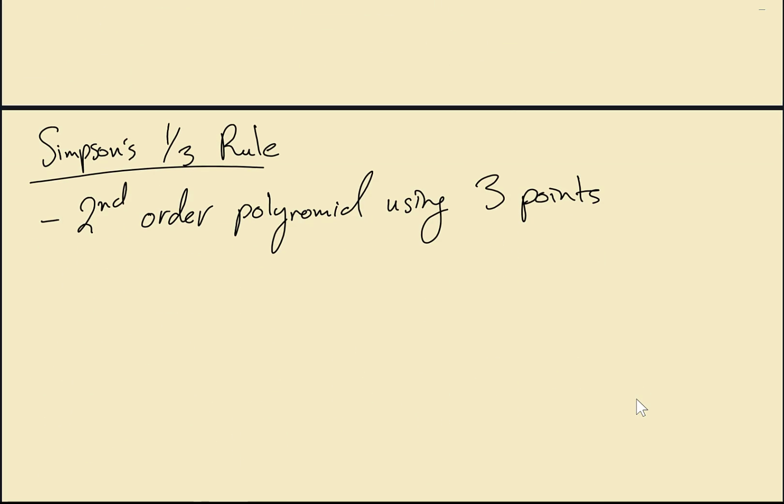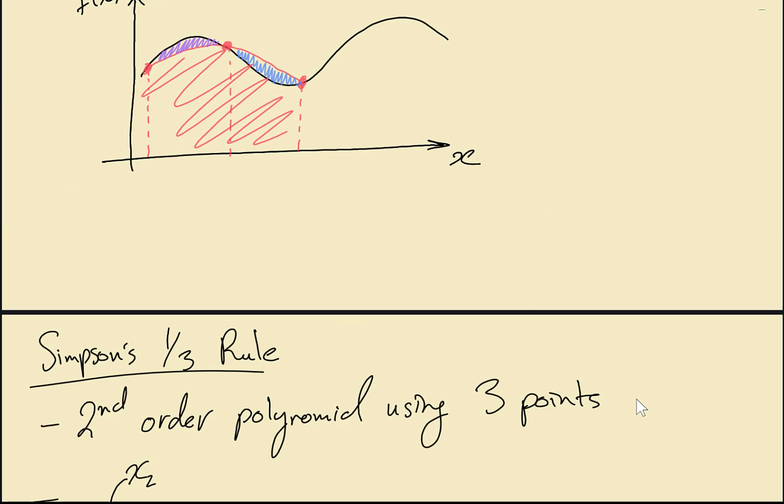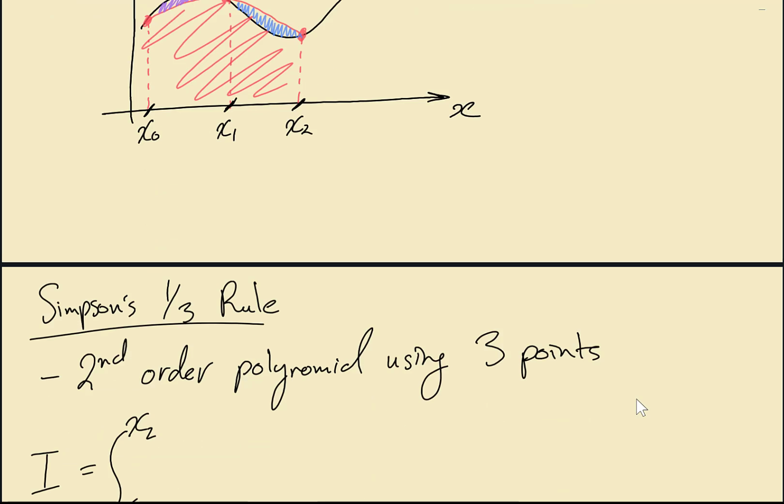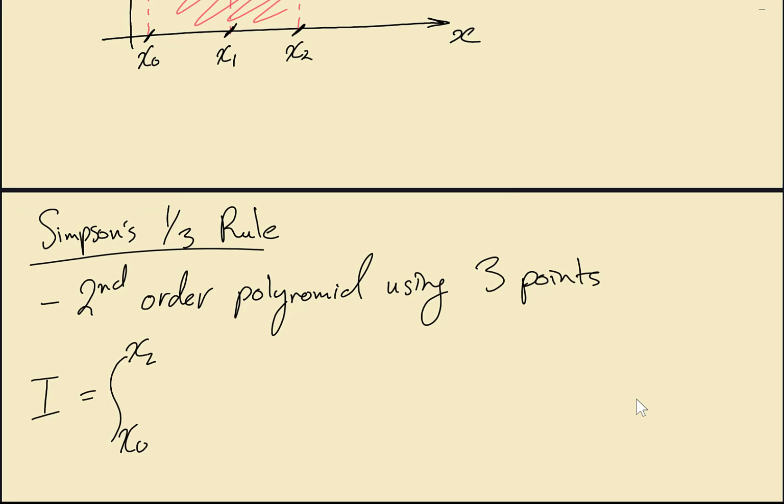So we're going to be integrating, so I is the integral from x0 to x2. So if I'm looking at this graph here, this first point is x0, second point is x1, third point is x2. So I'm integrating from x0 to x2, but I have 3 points, so that's why we're skipping one when we write this integral.